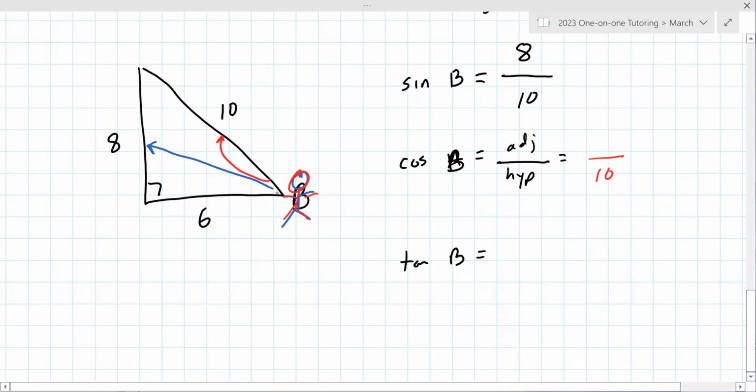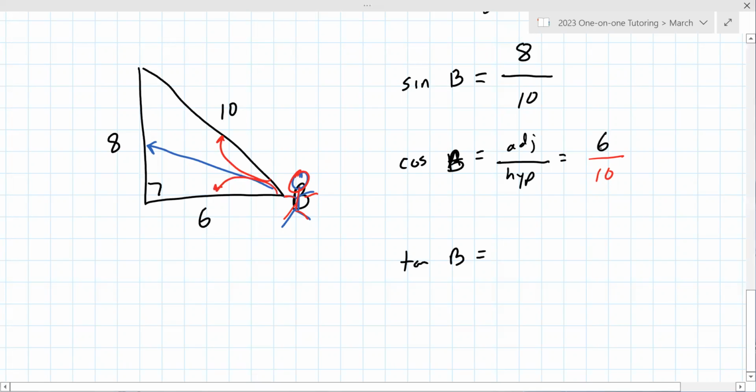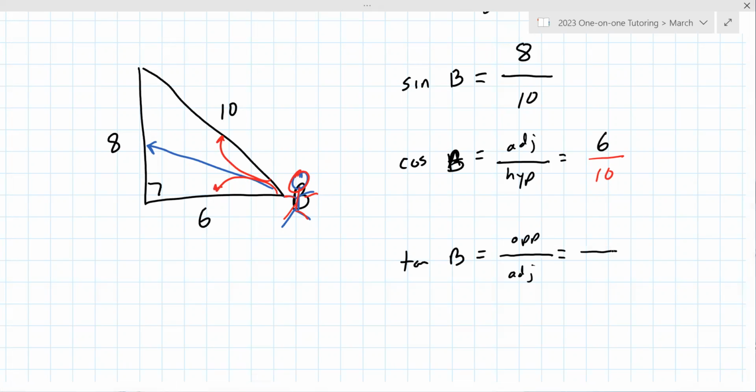The adjacent, though, in this problem would be 6. So 6 over 10. And then tangent is opposite over adjacent. Will you tell me what that becomes? Opposite over adjacent, it would be 6 over 10. No, opposite means from here, all the way across.